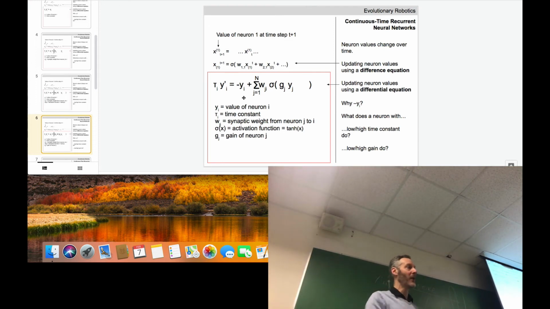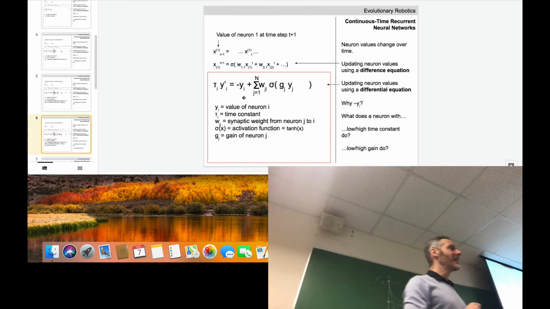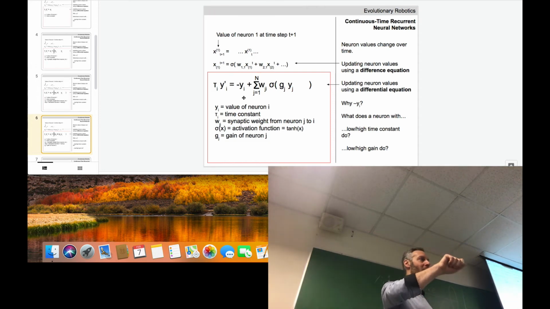So there's a question about whether evolution can actually add and remove synapses or add and remove neurons. This makes it kind of easy for evolution to turn off or turn on different neurons. By turning W's down to 0, evolution removes that synapse. By turning G down to 0, you remove that neuron.